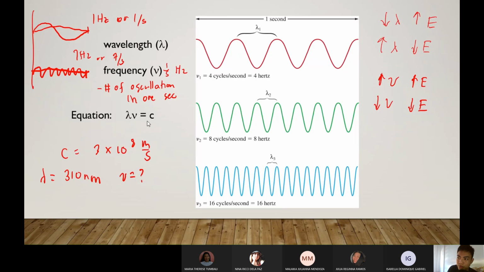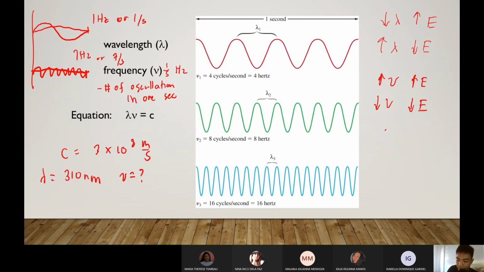Just use the equation here. Lambda nu equals c. So this is lambda, Greek letter lambda. This is Greek letter nu, equals to c. So wavelength times frequency equals the speed of light. So, solve natin yan.